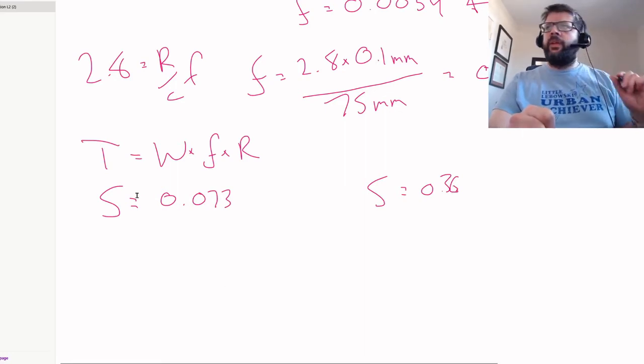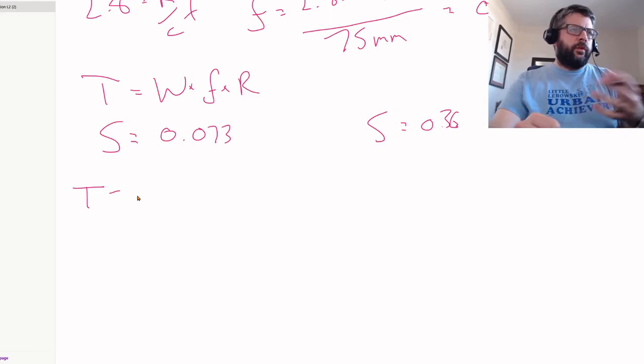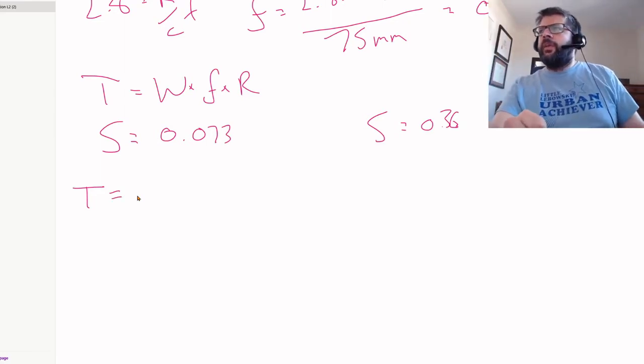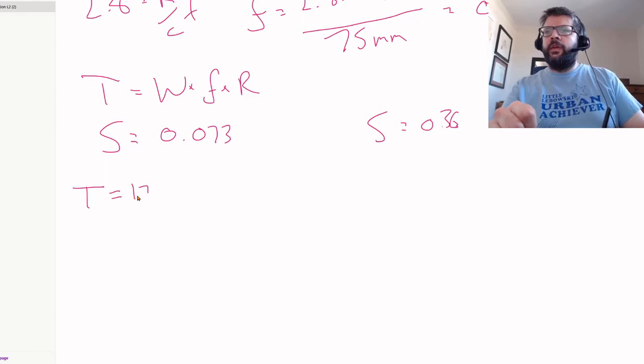So the torque caused by the friction in this scenario would be equal to, load stays the same, 17,000 newtons times 0.0037 times the radius, 75 millimeters.